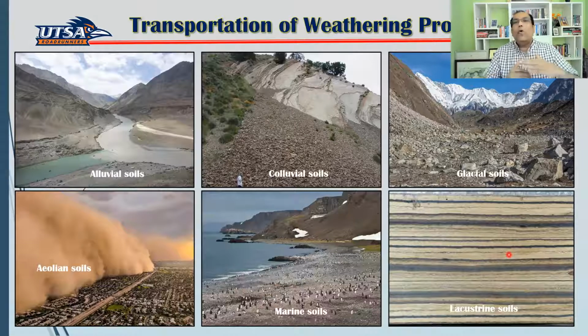The lake is very quiet, so all the suspended particles that came with the water entering the lake are slowly depositing there because of gravity. That makes a very thin layer every year. After 100 years, 200 years or 500 years, you'll see a big thickness of that kind of soil.